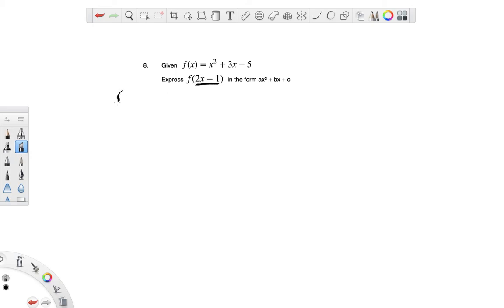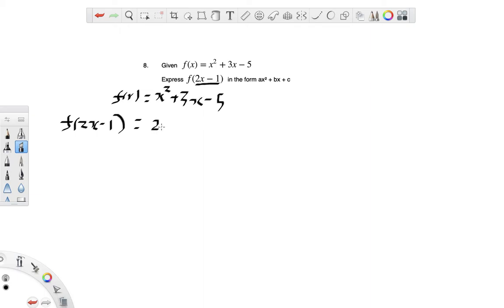So we've got f of x, and that is equal to x squared plus 3x minus 5, and we want f of 2x minus 1. What that means is we've got to substitute 2x minus 1 in place of the x's that we see.